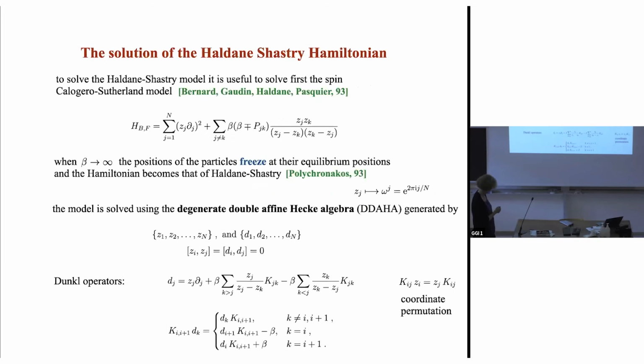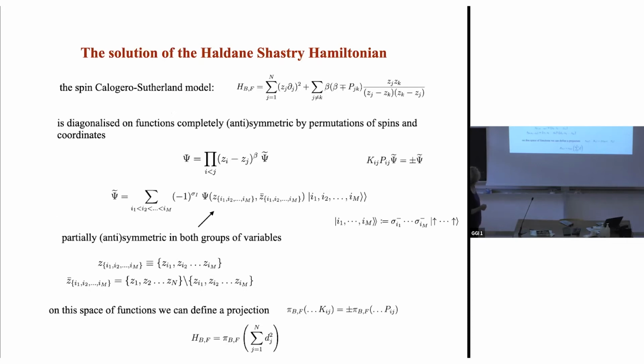This freezing procedure also works for the elliptic model. There are also Dunkl operators for the elliptic model, but they are more complicated. Maybe Jules will mention something about them. Some parts of the story go through, but some don't. I will mention what doesn't go through.